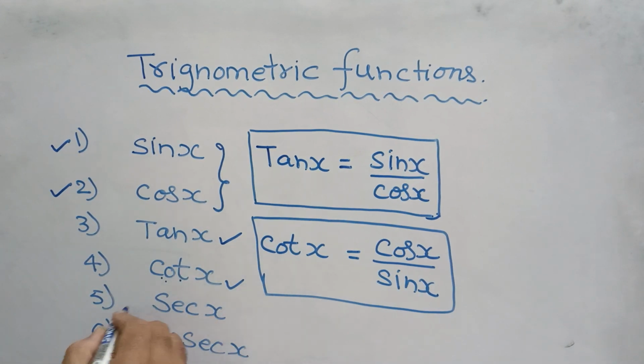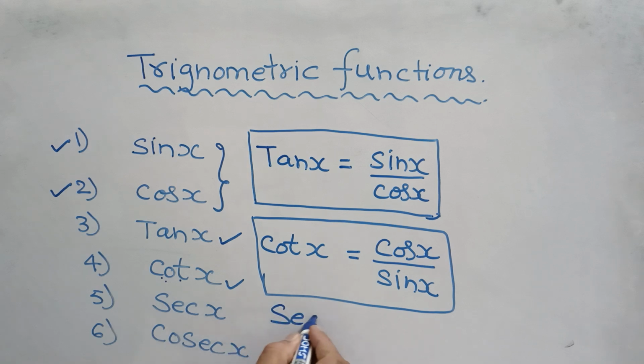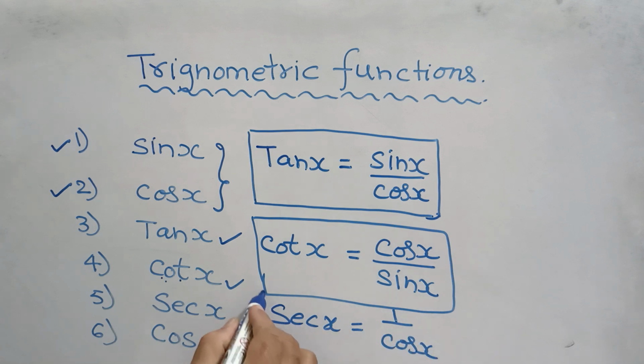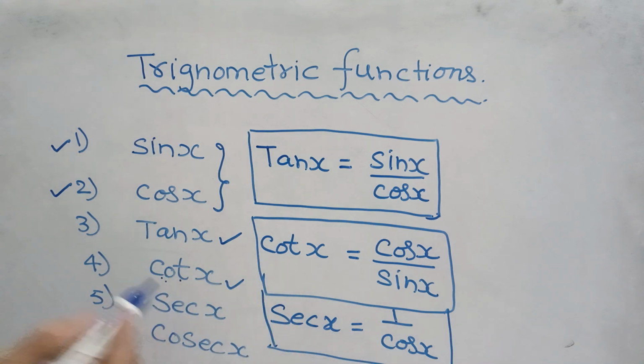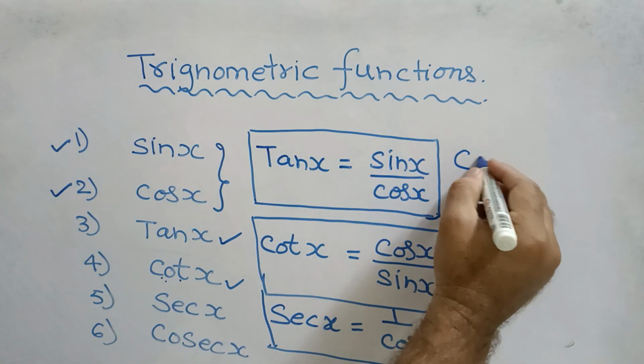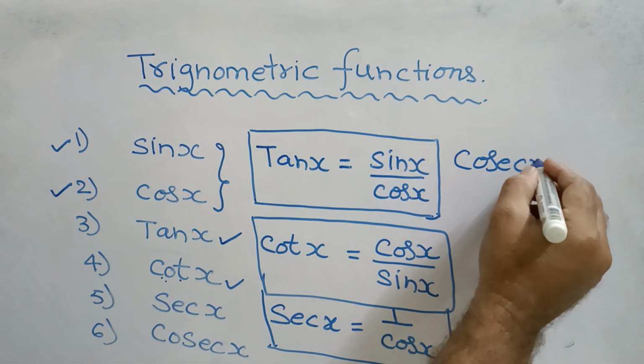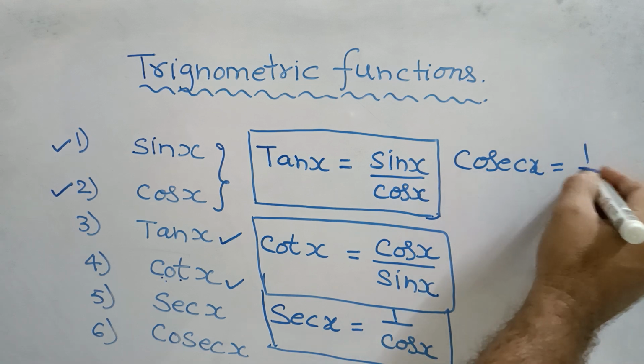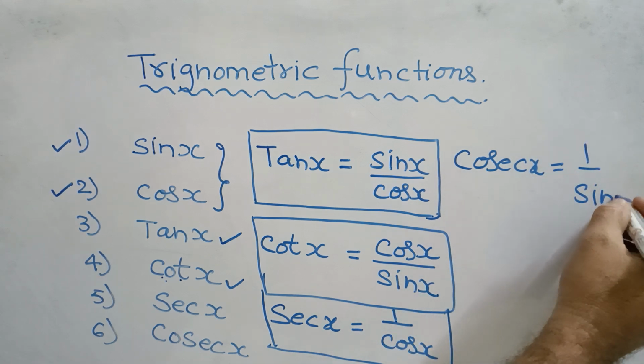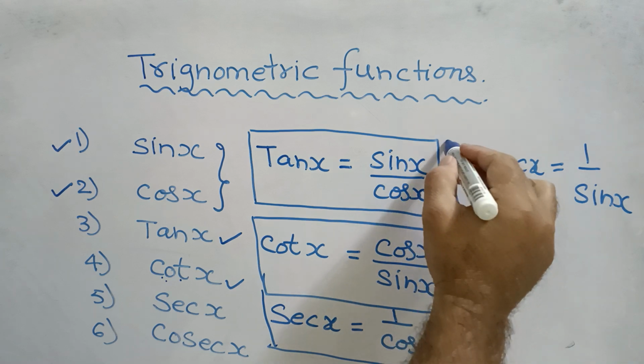What is the fifth one, secant x? Secant x is equal to 1 by cos x. Then the sixth one, cosecant x, is equal to 1 by sin x. Very important formulas.